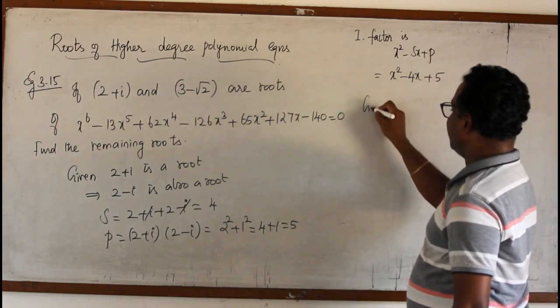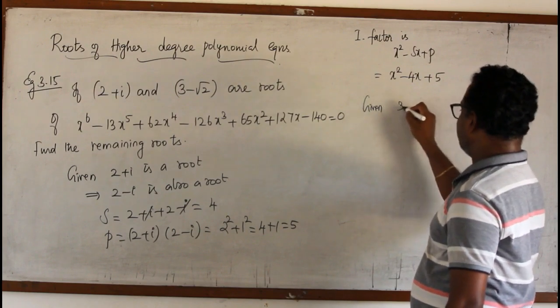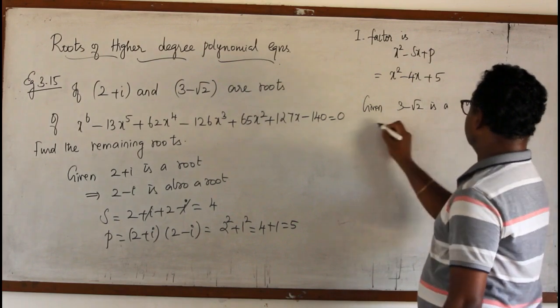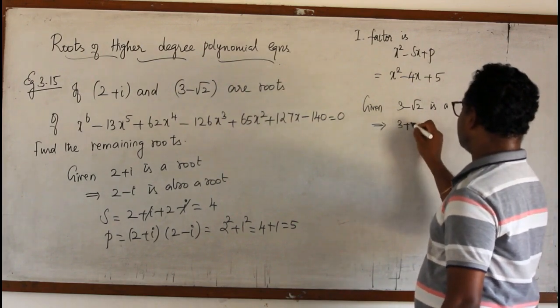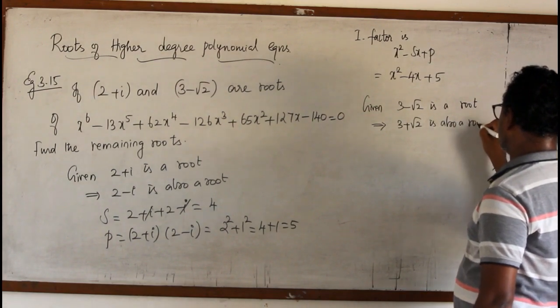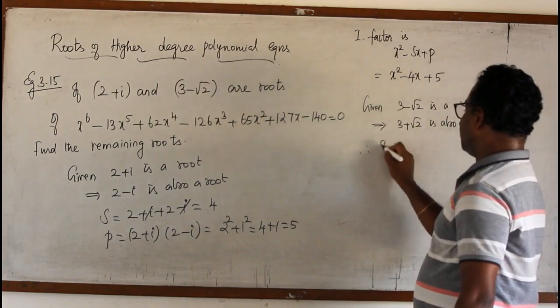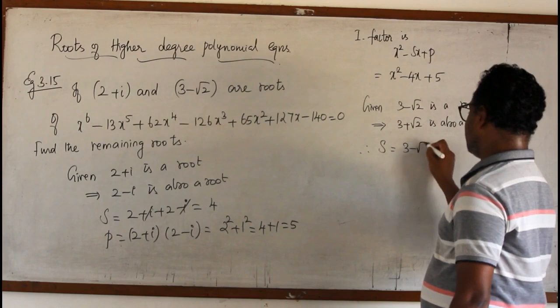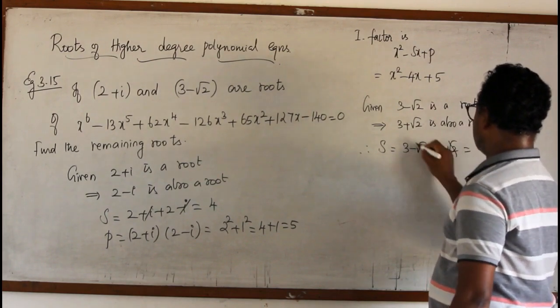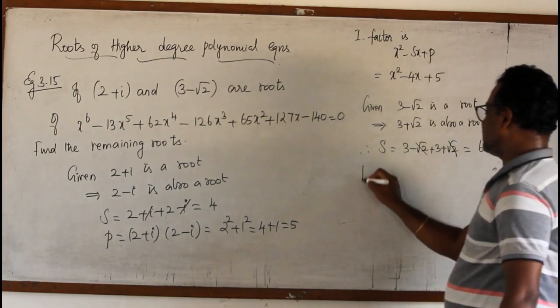Similarly, again given 3 minus root 2 is a root, this implies 3 plus root 2 is also a root. Therefore, sum equals 3 minus root 2 plus 3 plus root 2. Root 2 cancels, 3 plus 3, 6.